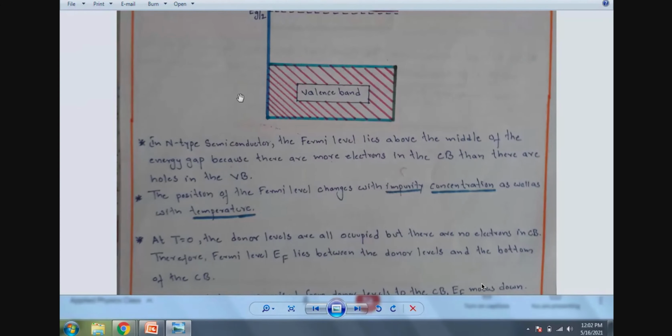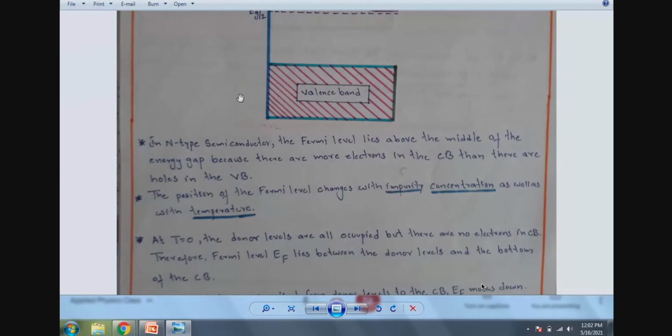Now let us find the density of empty donors, that is, the number of vacancies per unit volume in the donor level. You got the concentration of electrons in one equation.